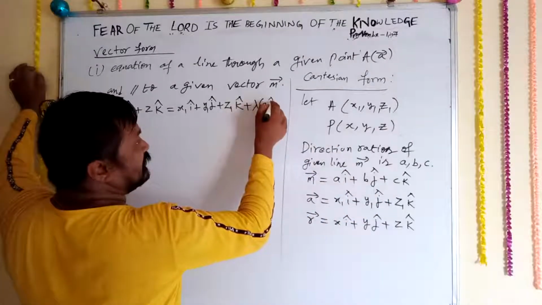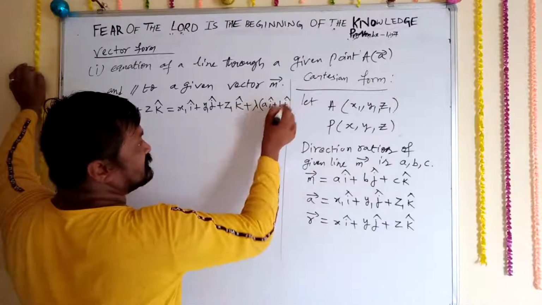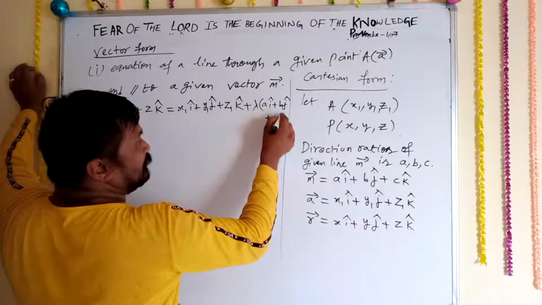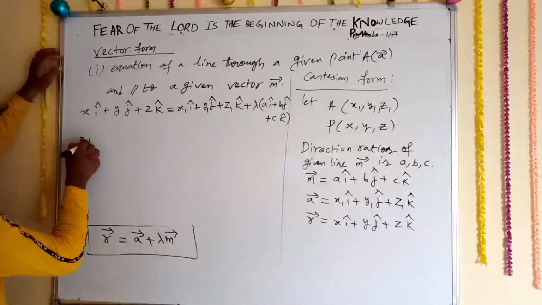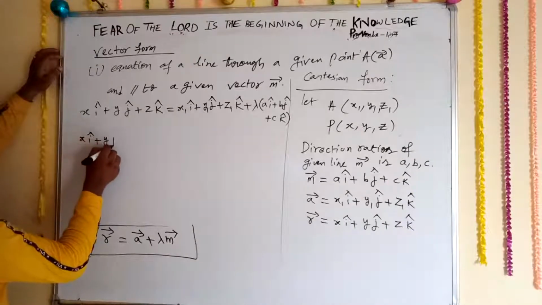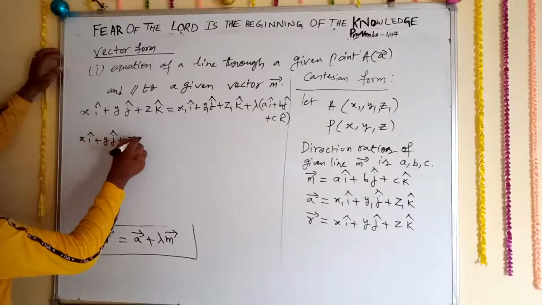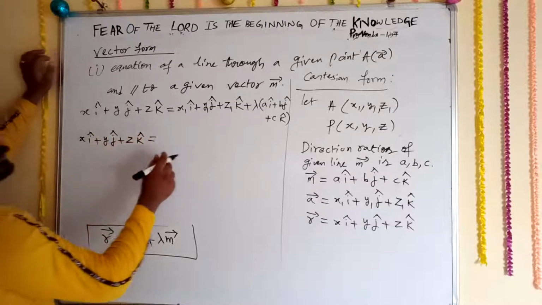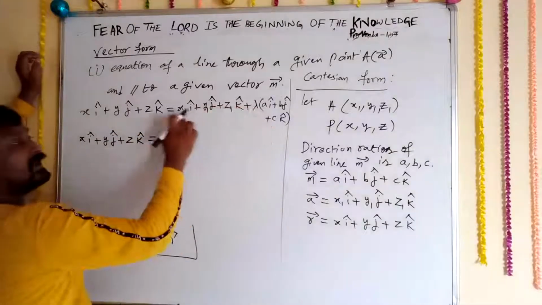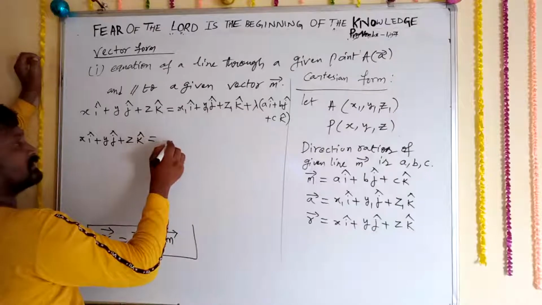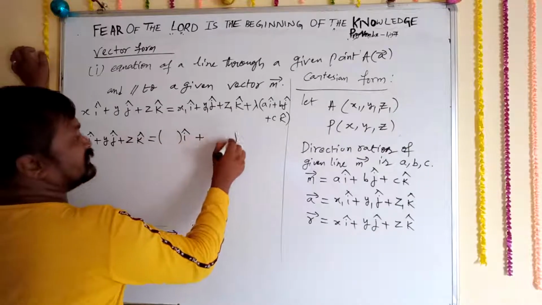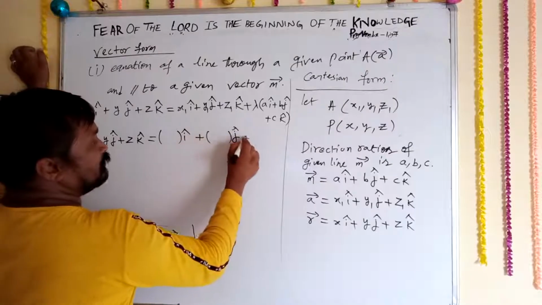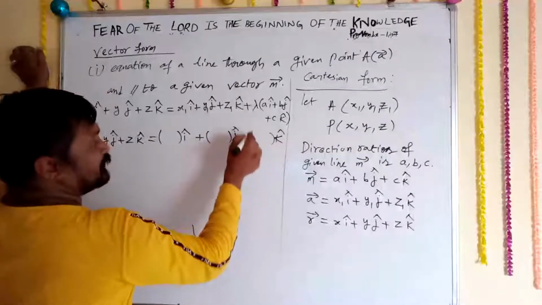So all these are written. Now x i cap, y j cap, z k cap is equal to, in both, i cap common: i cap bracket plus j cap bracket plus k cap bracket.